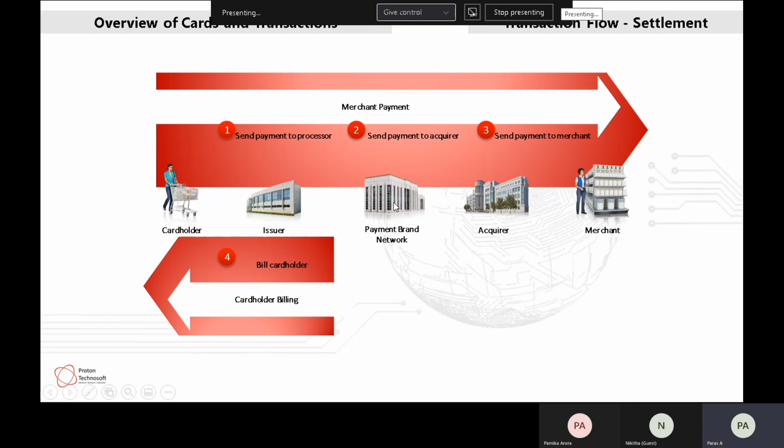The payment brand network gets the 1.4% on transaction plus 2 day. The acquirer gets their 0.4% on the T plus 2 day, and the merchant gets the amount in their account on transaction plus 2 day. Okay. Do a transaction on a credit card.